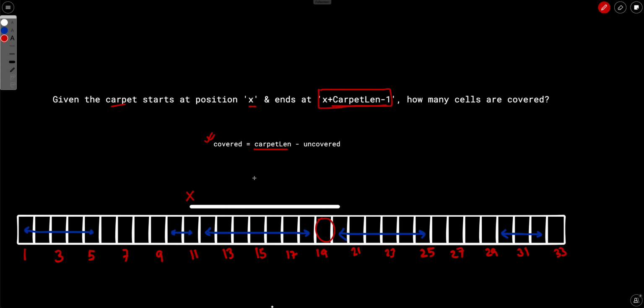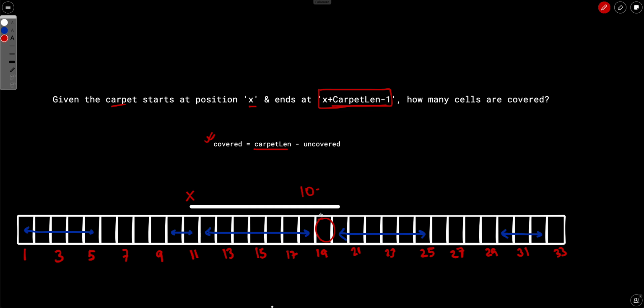The carpet length was 10, so the total number of positions which have tiles under them is 10 minus 1, which is 9. So if we put the carpet starting at 10, we get 9 cells which are covered by the carpet and have tiles under them.